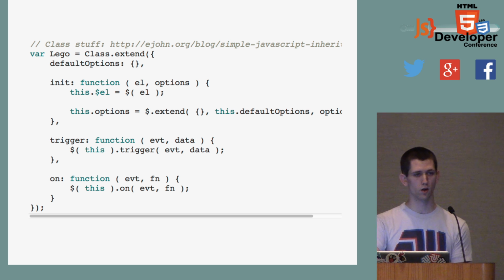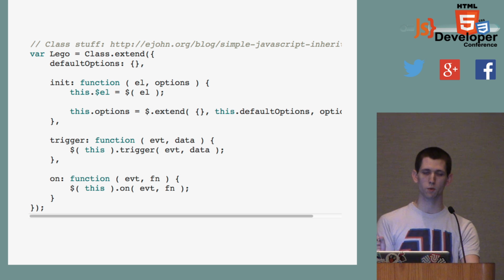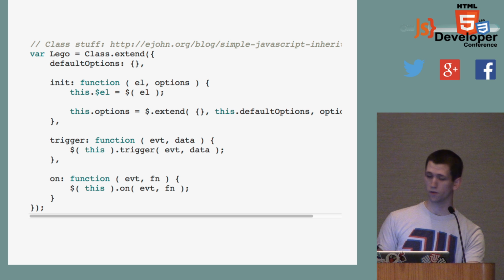The constructor for all of these components takes an element and a set of options. Inside the constructor, I take the element, wrap it in a jQuery object and store it on the instance. Then I take the options that were passed in, override the defaults, and store that in another object called options on the instance.